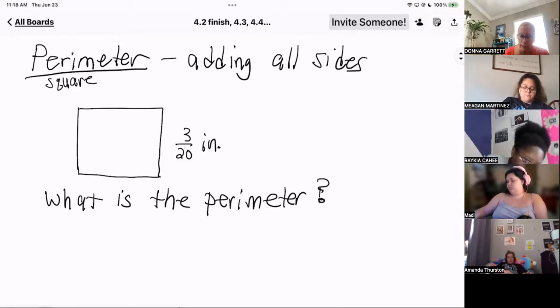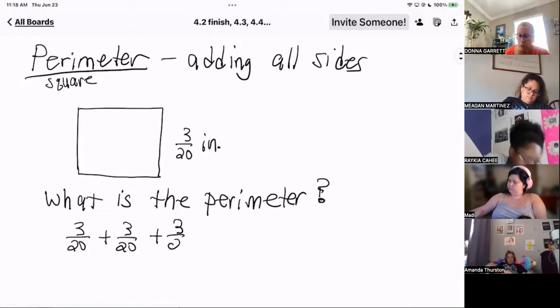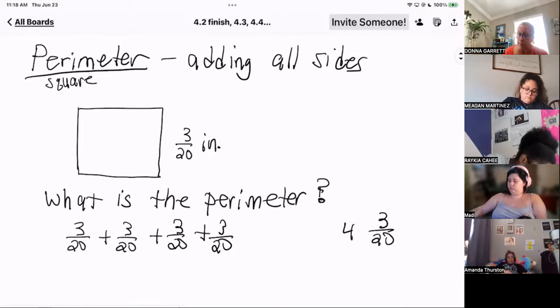So really, it would be 3 over 20 plus 3 over 20 plus 3 over 20. Or if you want a condensed version, each side is 3 over 20 and there are 4 of them, so you could multiply by 4. It doesn't matter how you think about it, whether 4 times 3 over 20 or adding 4 of them, it's the same answer.